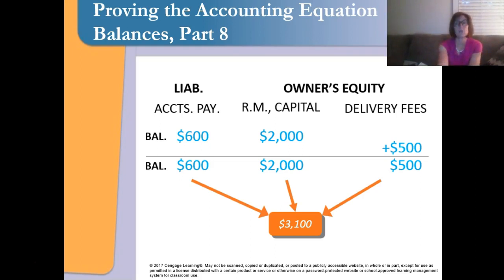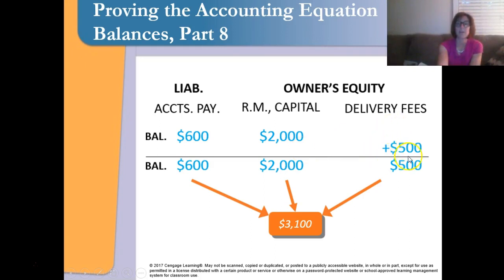Now let's look at the right side of our accounting equation. We still owe $600 on that equipment we purchased. Remember, we bought it for $900. We made a $300 payment, so we still have $600 left. We have our owner's investment here that is still in his capital account.